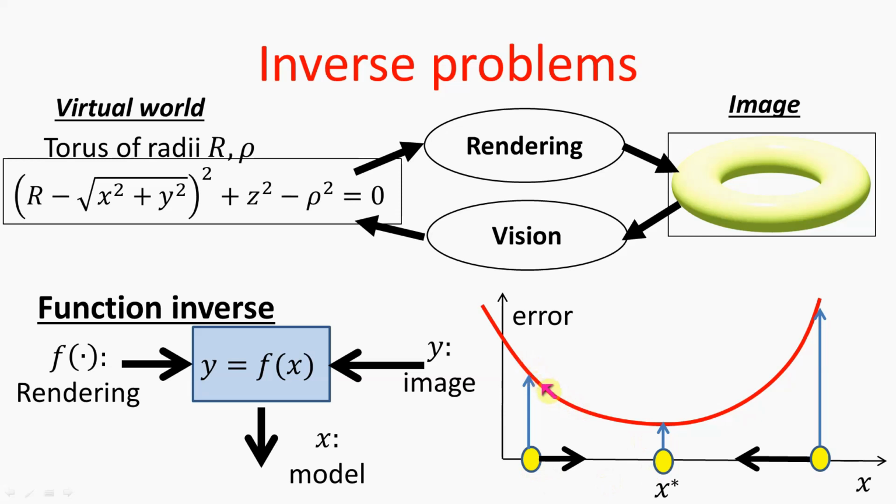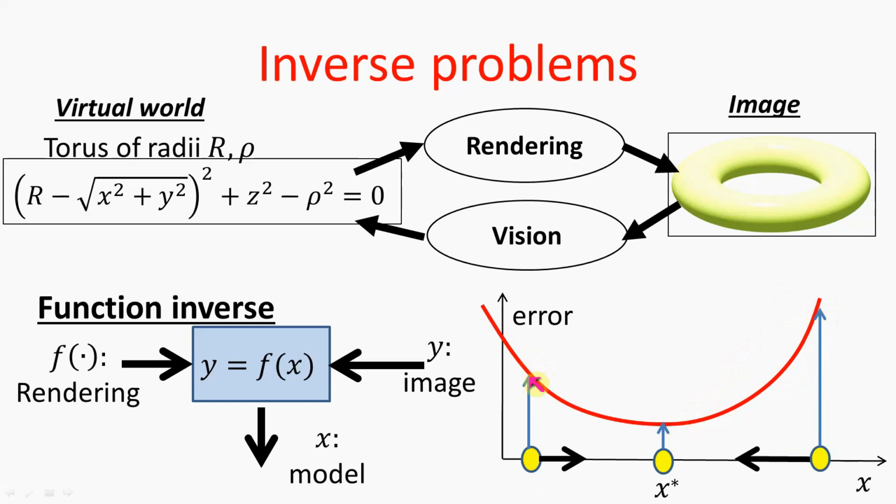So if the derivative is negative, it suggests that we have to increase the x value, because in this direction the error will decrease. On the other hand, if the derivative is positive, we have to decrease the x value, because in that way we get closer to the minimum where the solution can be found.